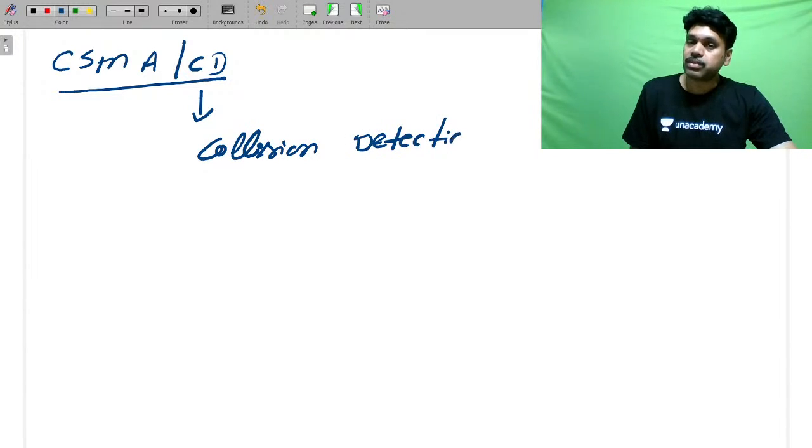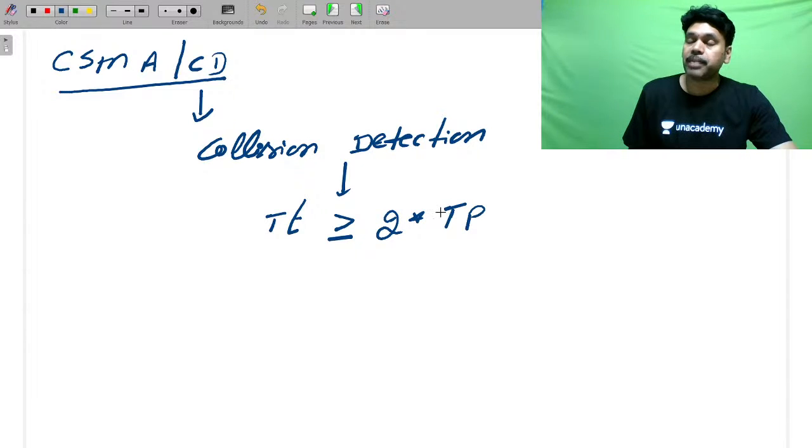So how can a particular sender or node identify that there is a collision? Your transmission time must be greater than or equal to 2 into propagation time when there are no repeaters. So why are we using 2 into TP time?